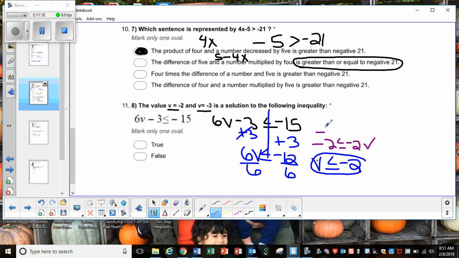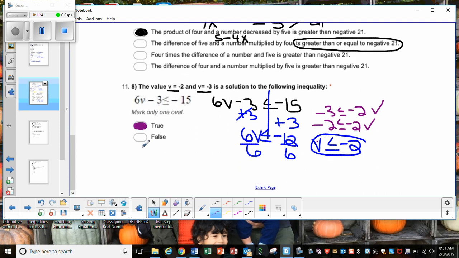Is -3 less than or equal to -2? Yes, it's less than. So this one's the same, and this one is less than. So they both work, so it's true. Again, for number 8, you can use the same method mentioned before, where you plug each of them into the inequality using substitution and PEMDAS and see if they work.